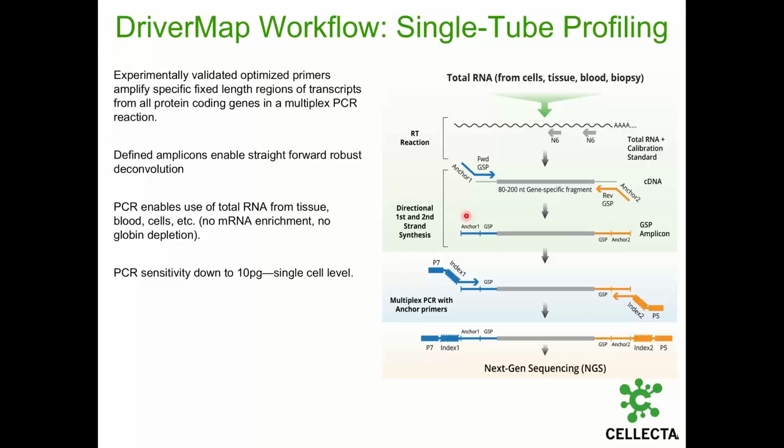The result is, starting with total RNA, you can run a single RT-PCR reaction and get 19,000 amplicons that you would then load onto a next generation sequencing platform and sequence and count the number of reads of each amplicon for each gene. And this tells you the expression level then for each one of those targets.